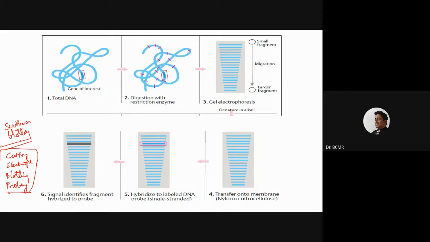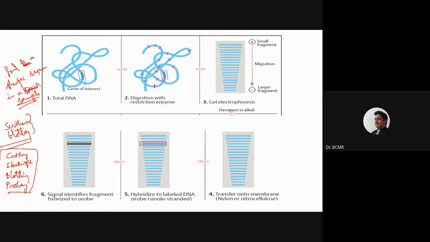The objective of Southern blotting is to find a specific sequence in a DNA sample. That means you have a large genome and you want to know if a particular nucleotide sequence, it could be a gene or an intergenic region or anything, is present in the DNA or not.